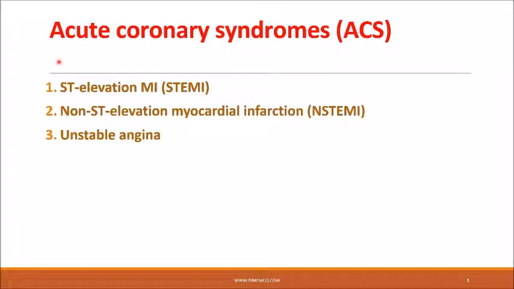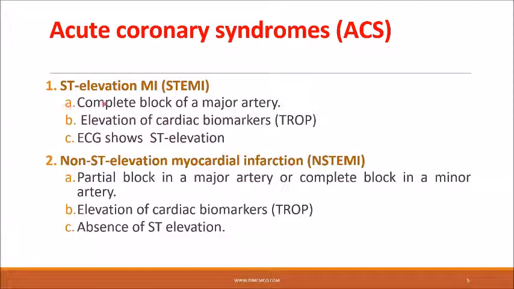The three types of acute coronary syndromes are 1. ST elevation myocardial infarction, 2. Non-ST elevation myocardial infarction, and 3. Unstable angina. In STEMI, there is complete block of a major artery, whereas in non-STEMI, there is only partial block in a major artery or complete block in a minor artery.